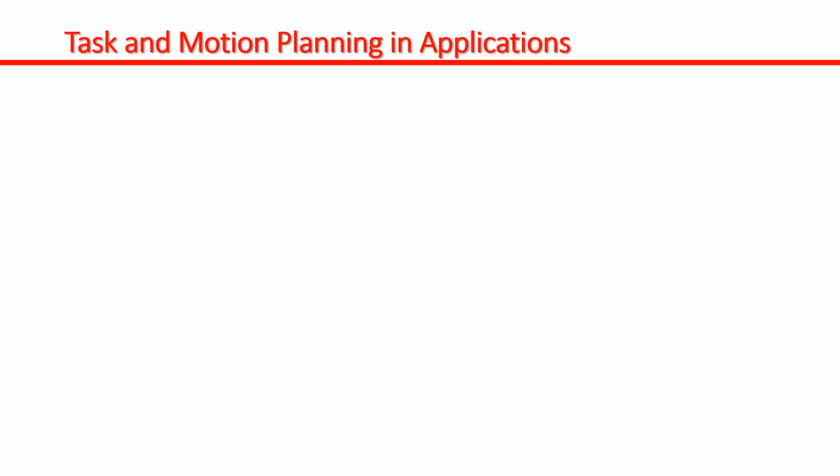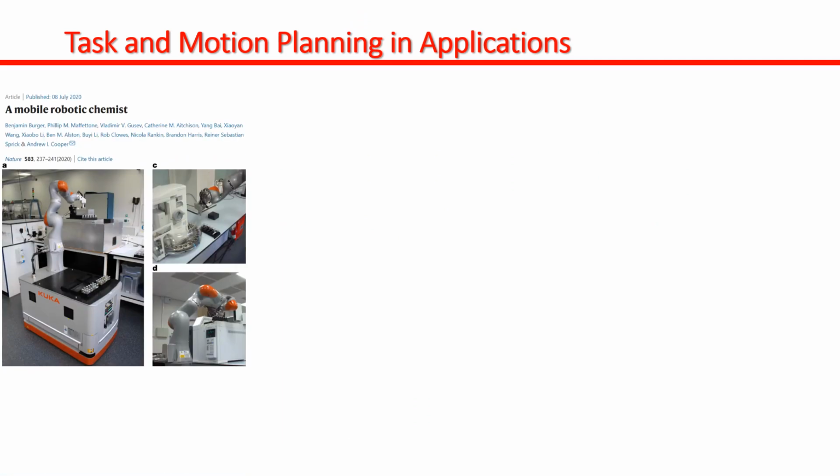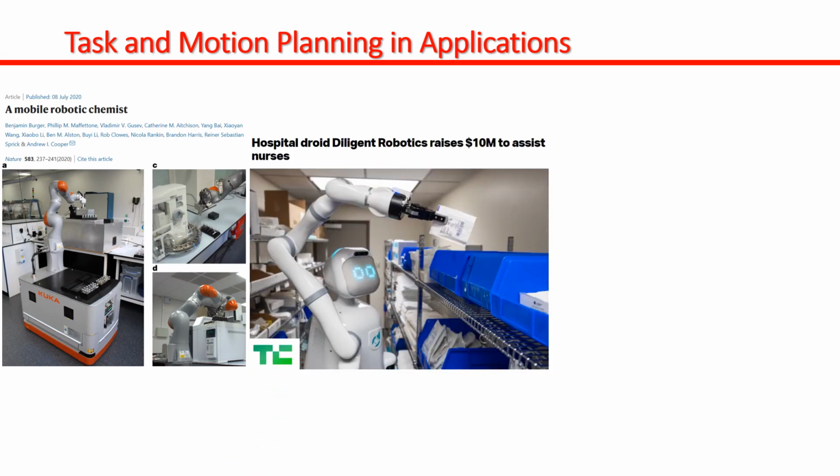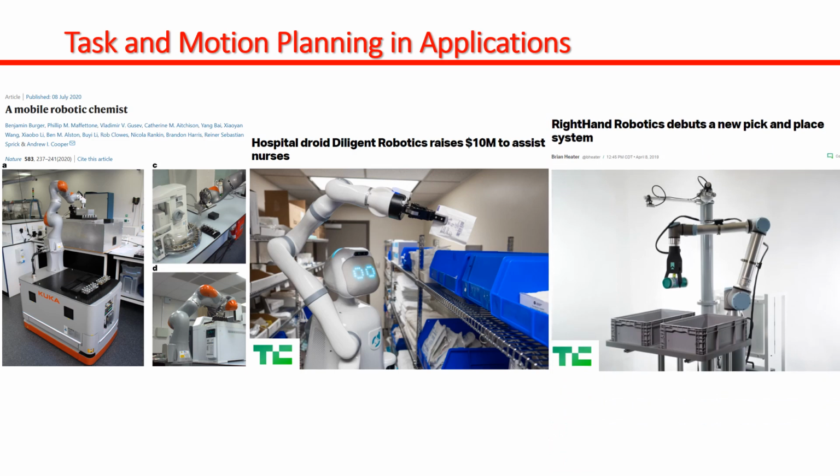So how is task and motion planning relevant to real-world applications? We are increasingly seeing robots being deployed to interesting use cases like performing experiments in a wet lab, or the pandemic response, or more traditional automation applications like warehouse pick and place.